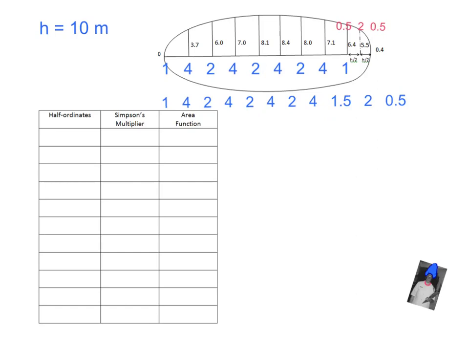So writing down the half ordinate values then: 0, 3.7, 6, 7, 8.1, 8.4, 8, 7.1, 6.4, 5.5, and 0.4, followed by the Simpson's rule multipliers for this example.